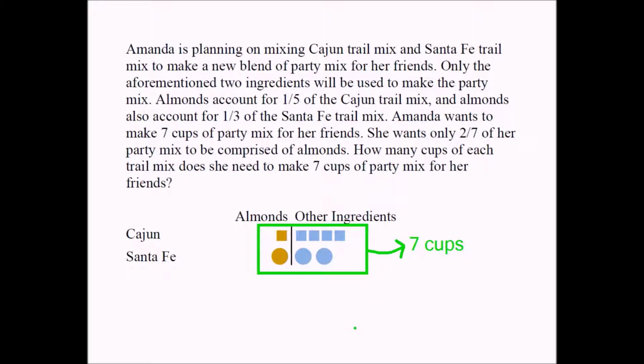I also know one thing, that she only wants 2/7 of her party mix to be almonds. So she wants this to be only 2 cups. She wants the almonds to be 2 cups.